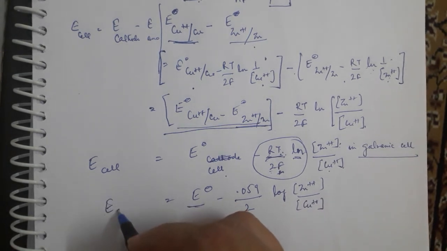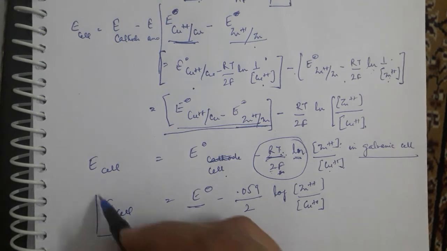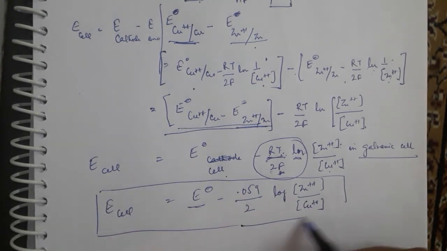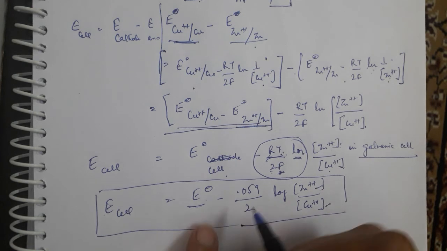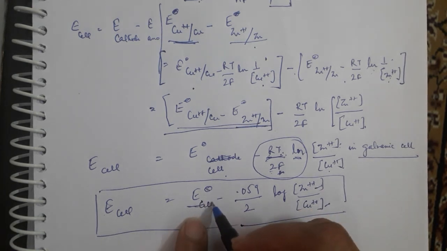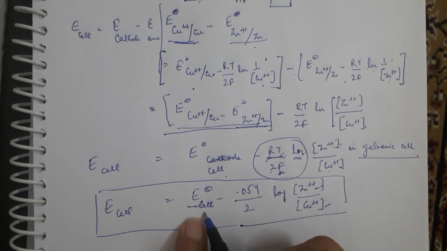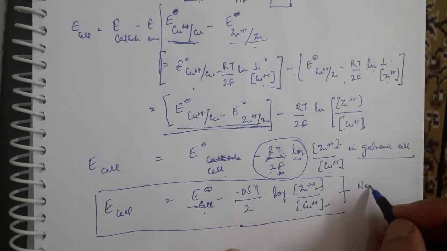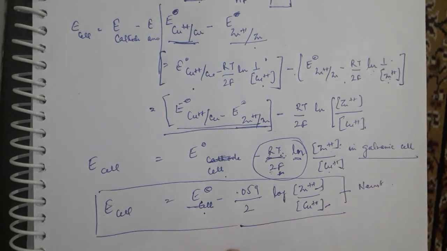So this is the way we can calculate E cell if the ionic concentrations are known, and E0 cathode is known. This is E0 cell because it is E0 cathode minus E0 anode. This is the Nernst equation for this combination of the cell.